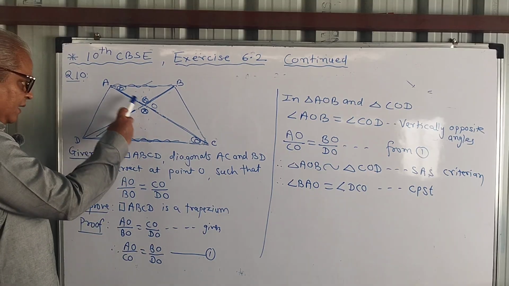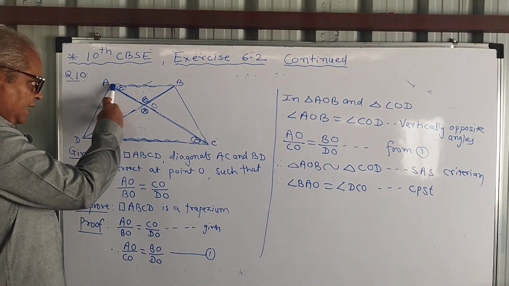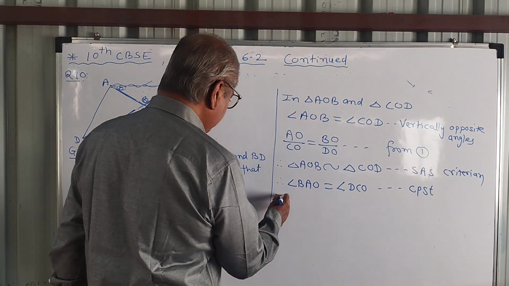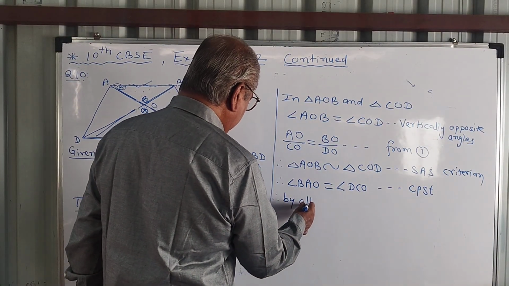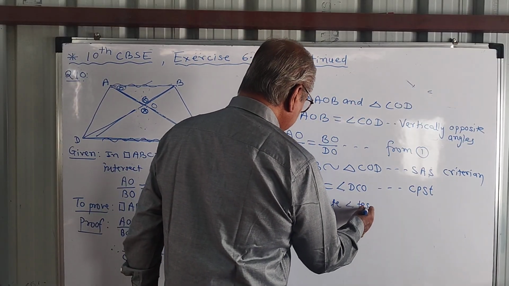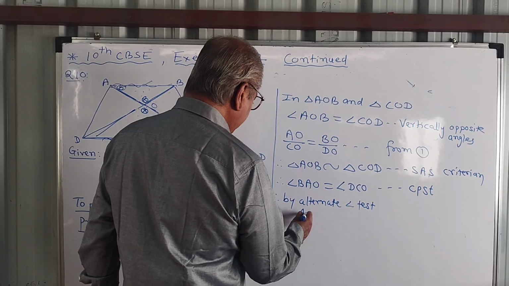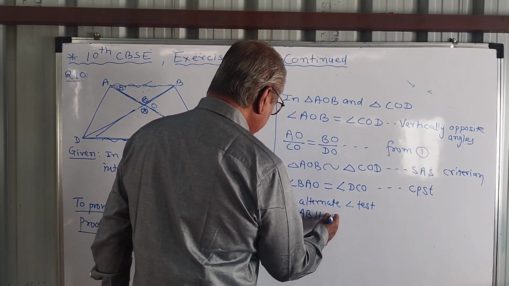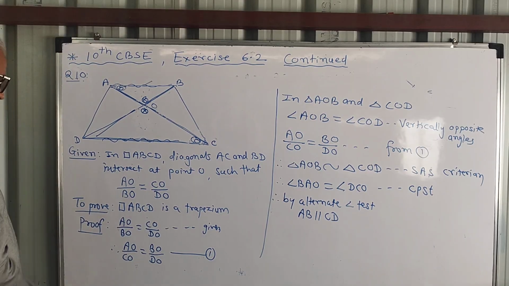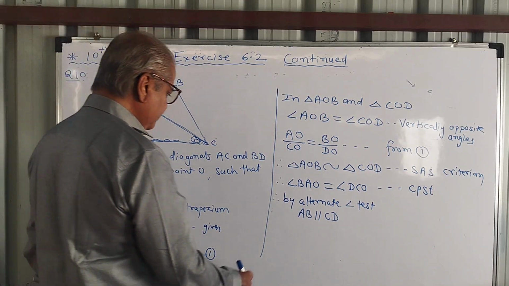As these two angles are alternate angles, AB has to be parallel to CD. Therefore, by the alternate angle test, I can say AB parallel CD, and as AB parallel CD, quadrilateral ABCD is a trapezium.